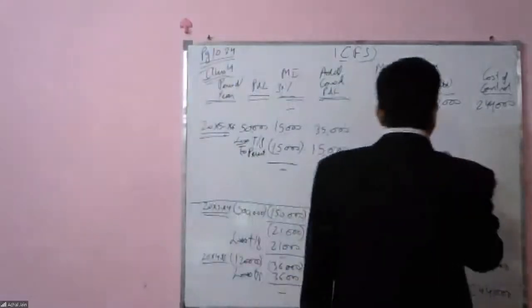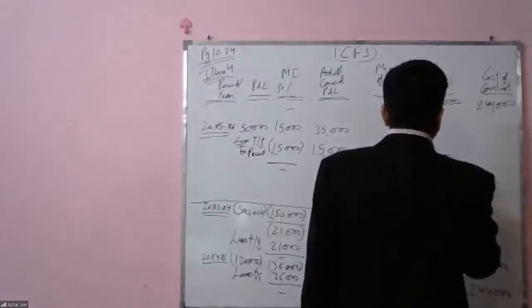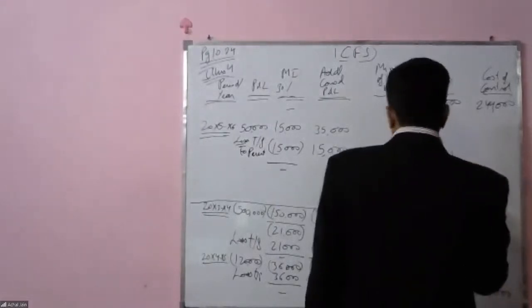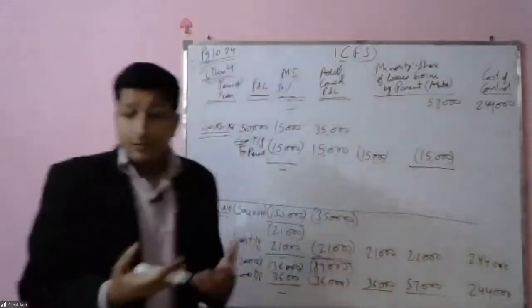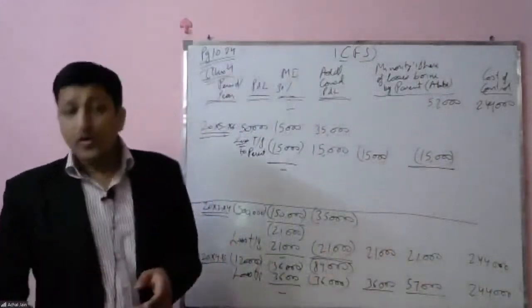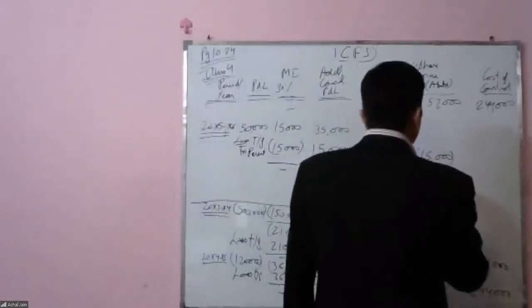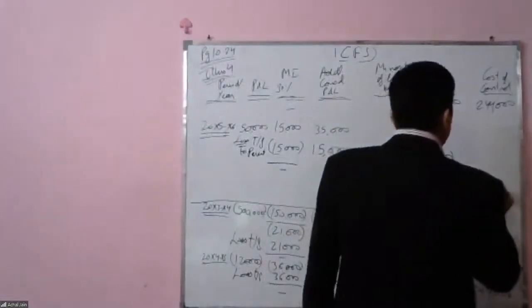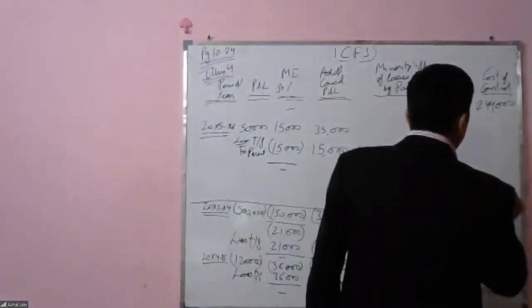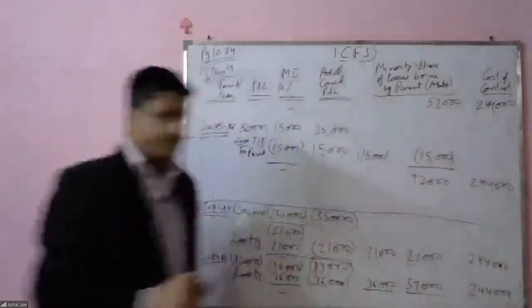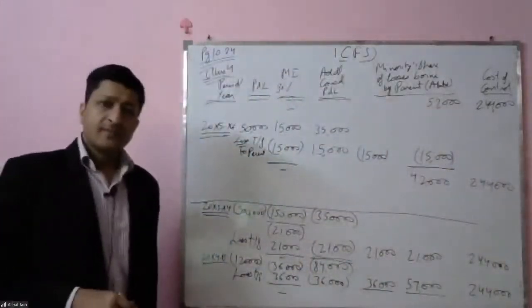And this 15,000 will be reduced from the losses. So the portion of the loss which the parent is still carrying towards minority will now become 42,000. And this will continue to be 2,44,000. Okay, clear?